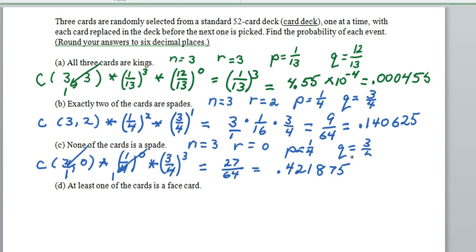So about 42% of the time there would be no spades in the 3 trials.